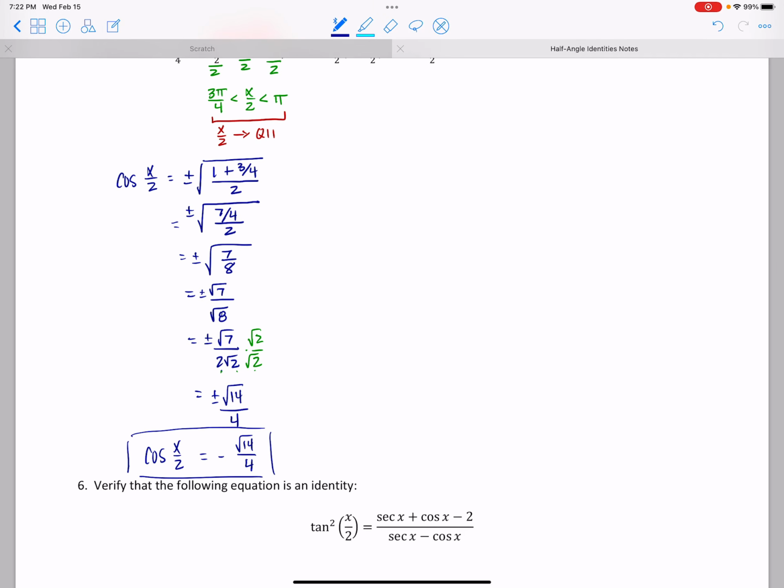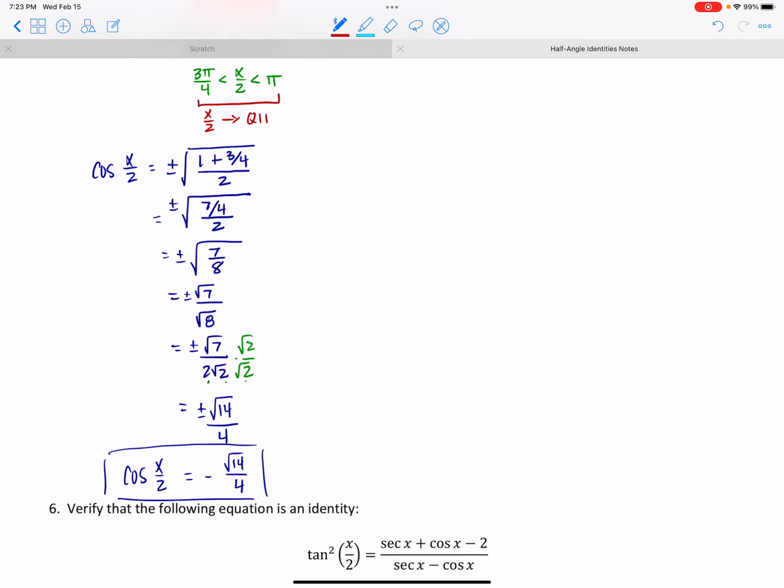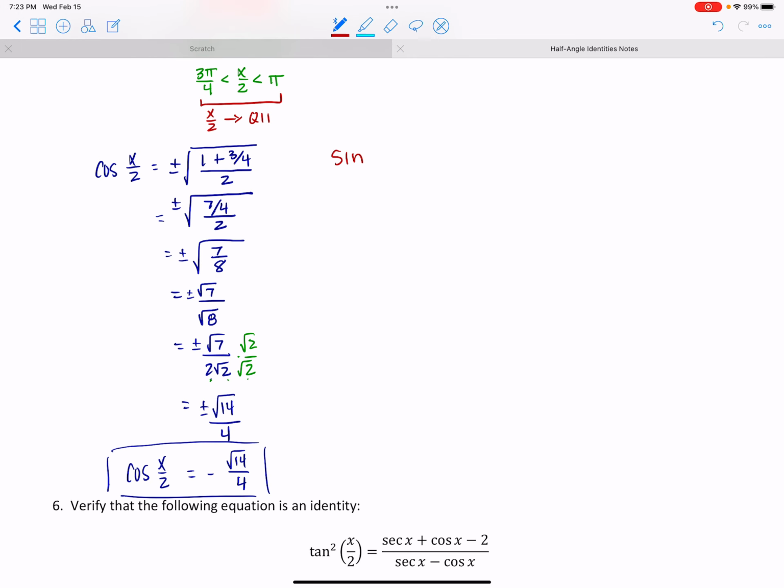Alright, let's look at the sine. I used red and green, well, that's okay, I'm going to do red again. The formula for the sine of the half angle is not too far off from the cosine one. The only difference is that instead of 1 plus cosine in the numerator, it's 1 minus cosine.